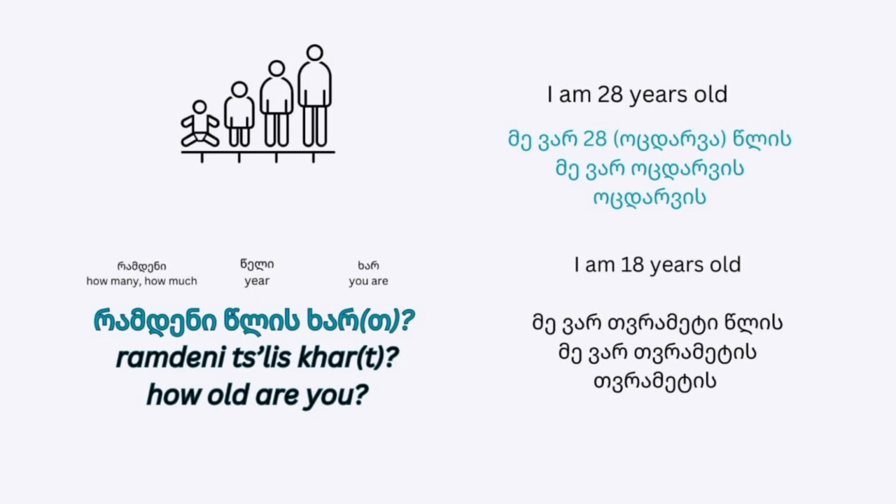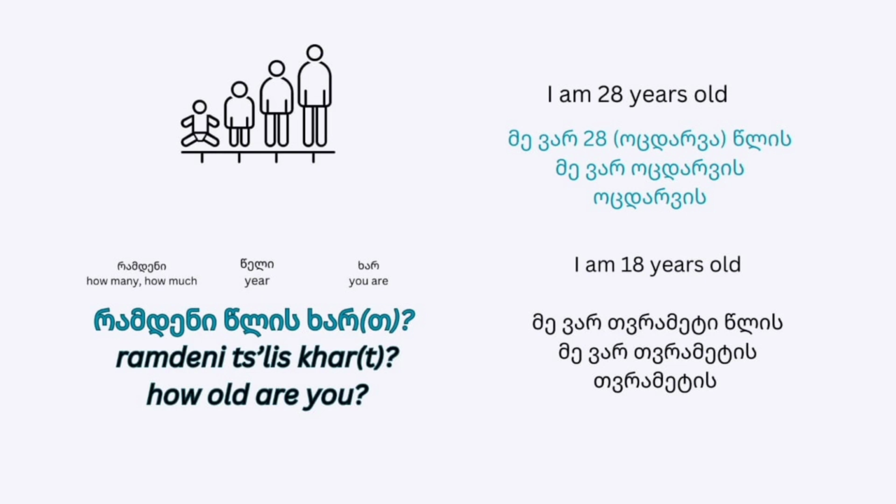მაგალითად 10-ის, 15-ის, 80-ის, 100-ის. To say I'm 18 years old would be მე ვარ 18 წლის. Or მე ვარ 18-ის, or just 18-ის.